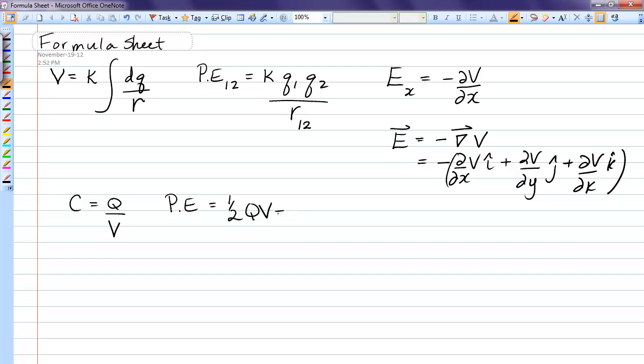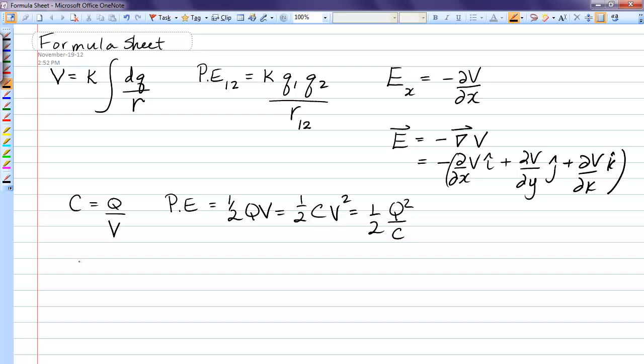It's half QV, or if you don't want the Q, it's half CV squared, and if you don't want the V, it's 1/2 Q squared over C. So those are the formulas that you use in the problems where you have capacitors and the plates are being pulled apart, or you have capacitors that are being connected to each other, or you have capacitors where dielectrics are being put in or out.